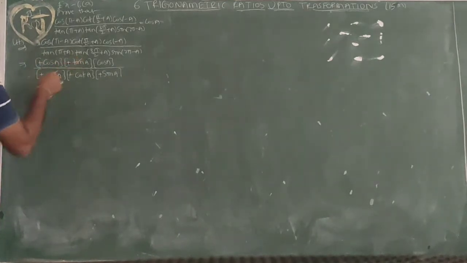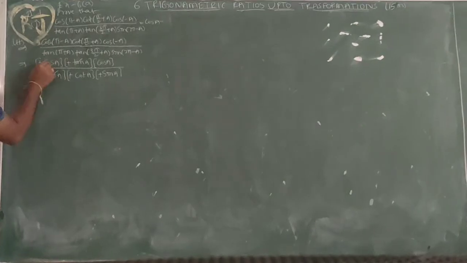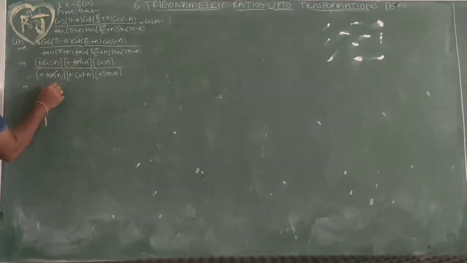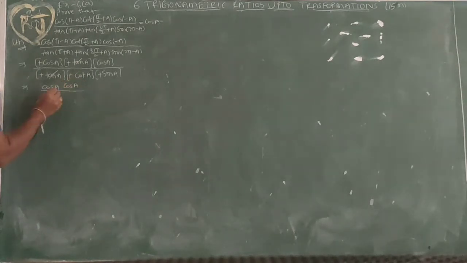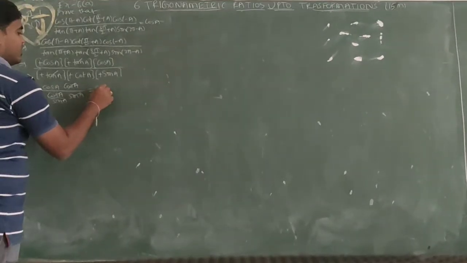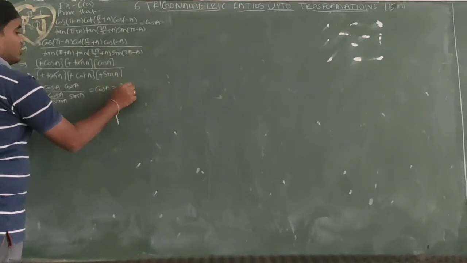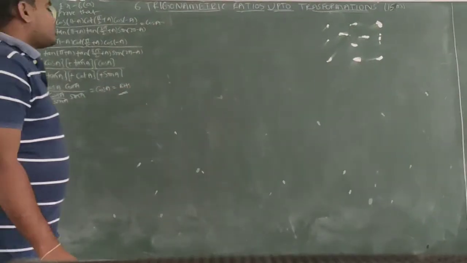Okay, tan a is getting cancelled. Next cos a into cos a by cot a equal to cos a by sin a into sin a. Sin a cancels, cos a cancels, cos a. So this is equal to RHS. So this is the first proof.